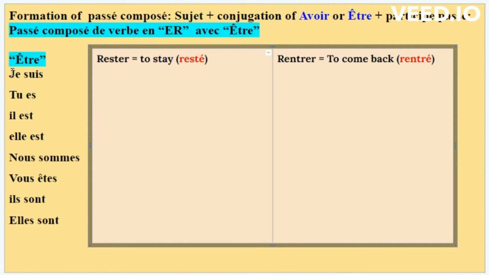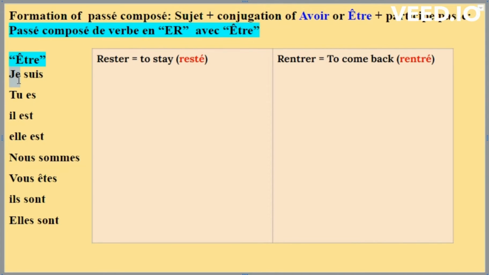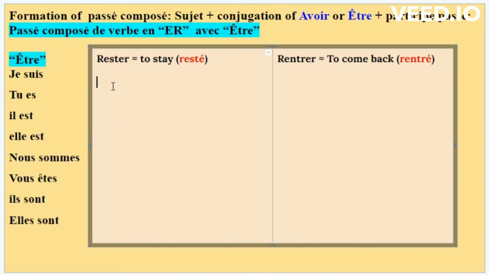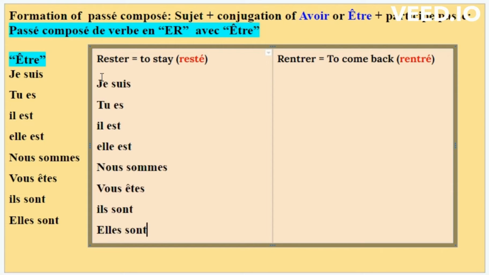For this to be also fast for us again, please permit me to copy here. This is the auxiliary verb être. Okay, copied. Now I want to paste it here. Here I have pasted the verb être in the present tense, but we are looking for how to conjugate rester in the passé composé.